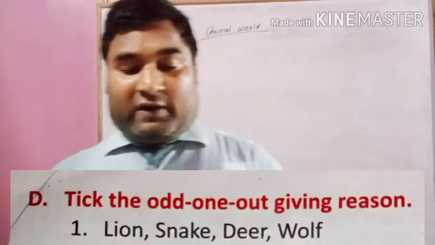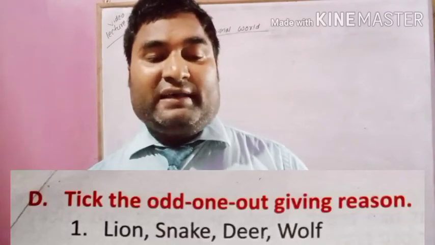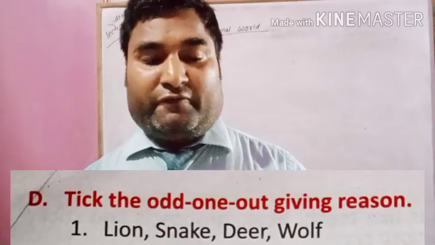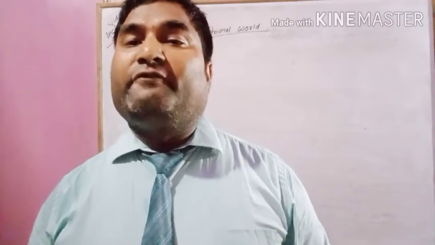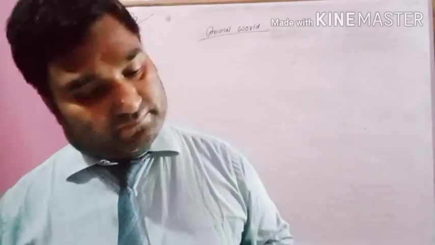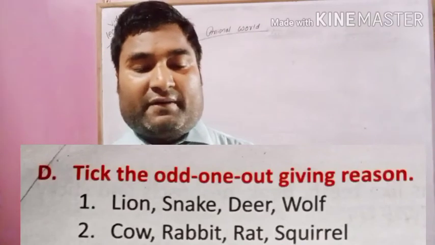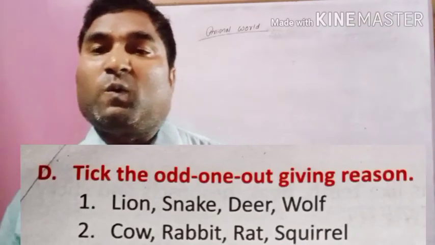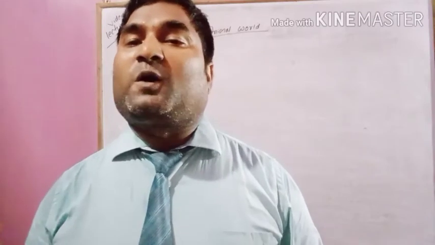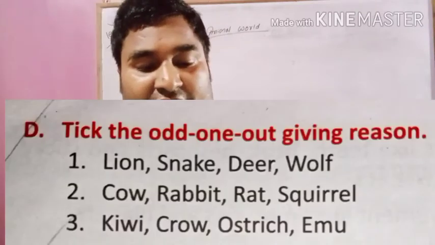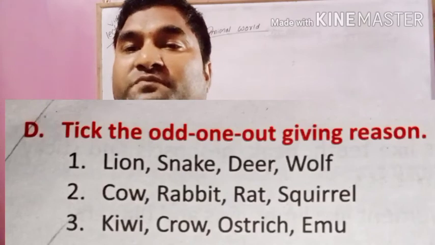Take the odd one out, giving reason. Lion, snake, deer, wolf. Snake is a reptile. Lion, deer, and wolf are mammals. Cow, rabbit, rat, squirrel. Cow is a mammal. Rabbit, rat, squirrels are rodents. Kiwi, crow, ostrich, emu.